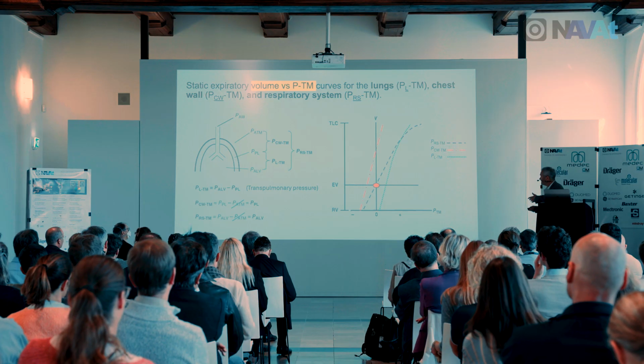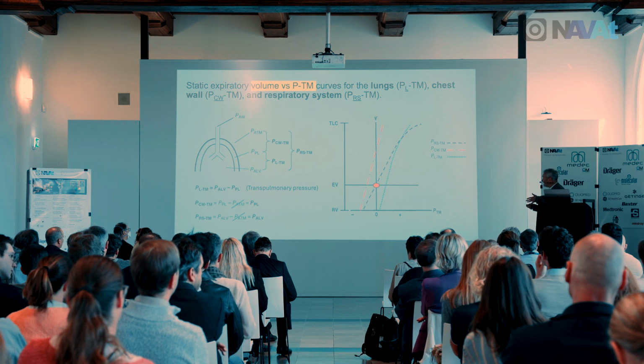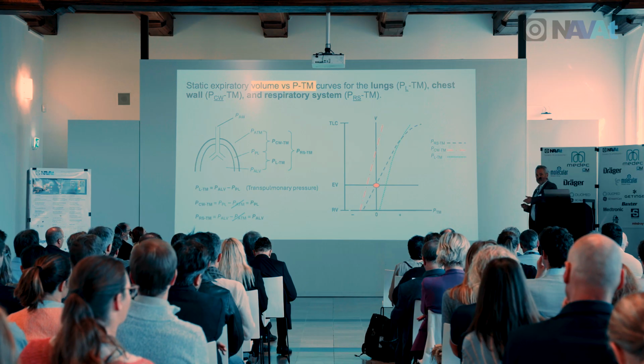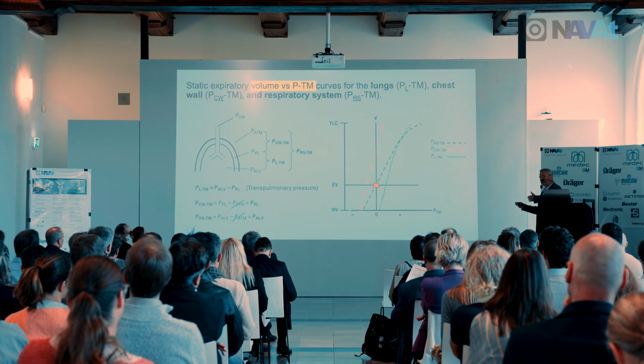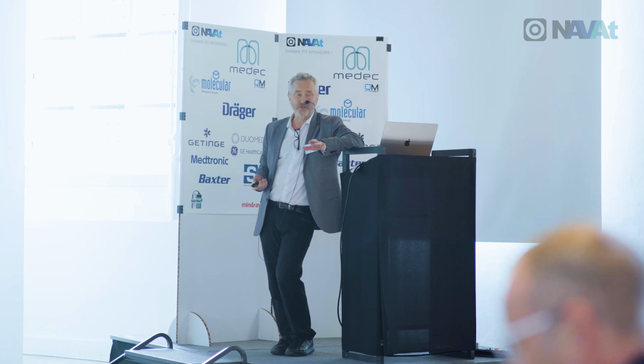That's like a static volume transmural pressure curve. And then these curves, or the steepness of these curves, indicate the compliance of the different systems. The chest wall compliance, and it shows if we exhale, expiratory volume, functional residual capacity, we see that the lung actually has a negative transmural pressure. That means it wants to expand.